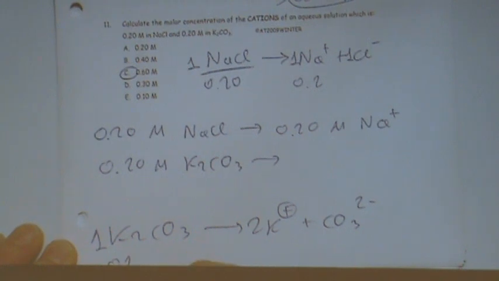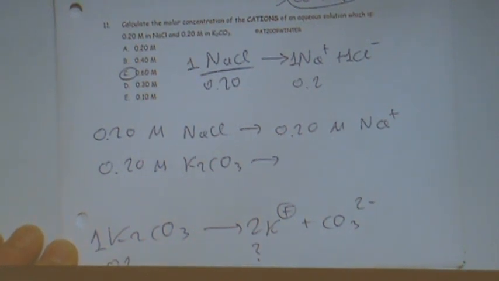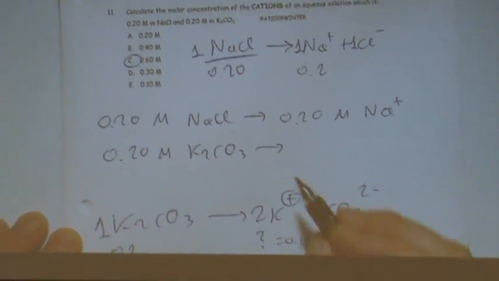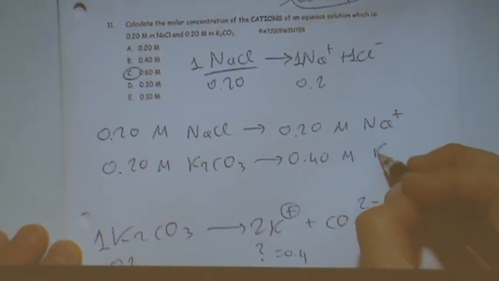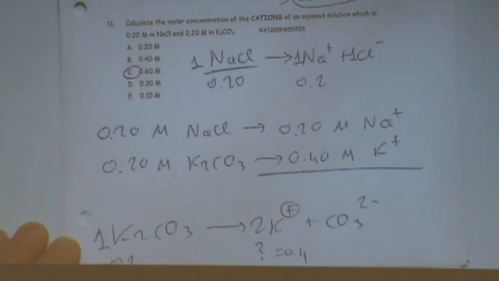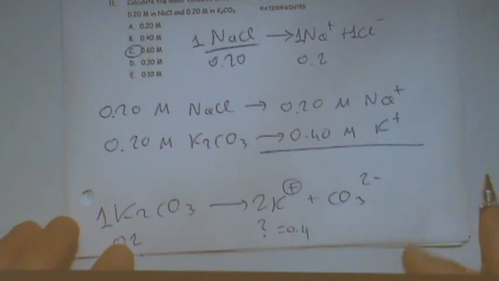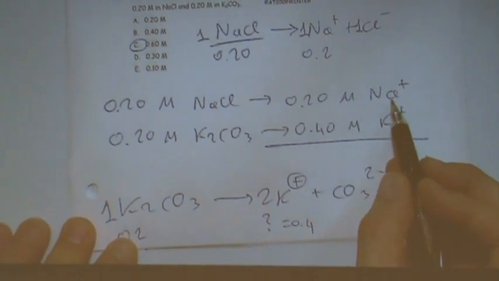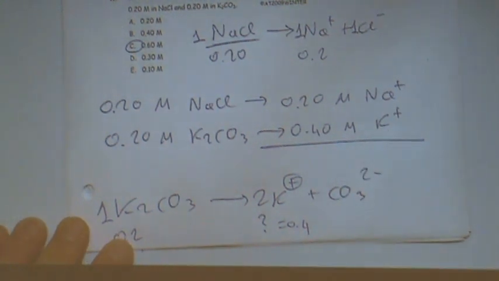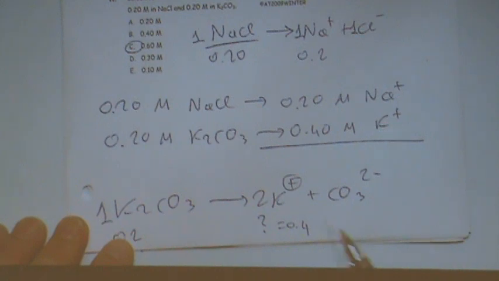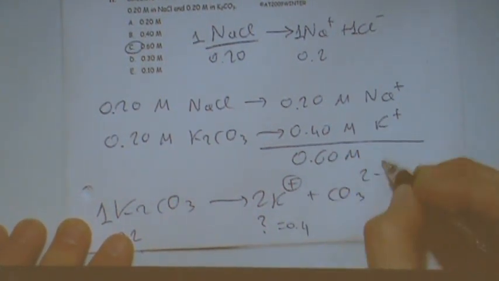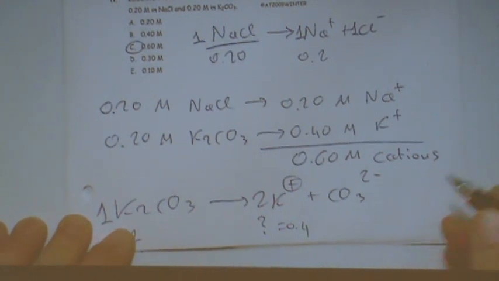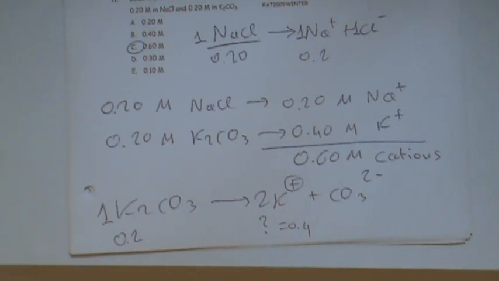So from 0.2, how many are you going to get? 0.4. Okay, so you will have 0.40 moles per liter of cation. What do you want? Cation, not an ion. So you have so many moles per liter of this, so many moles per liter of that, for the same liter, right? Same solution. So the concentration of the cations. That would be the answer, right?